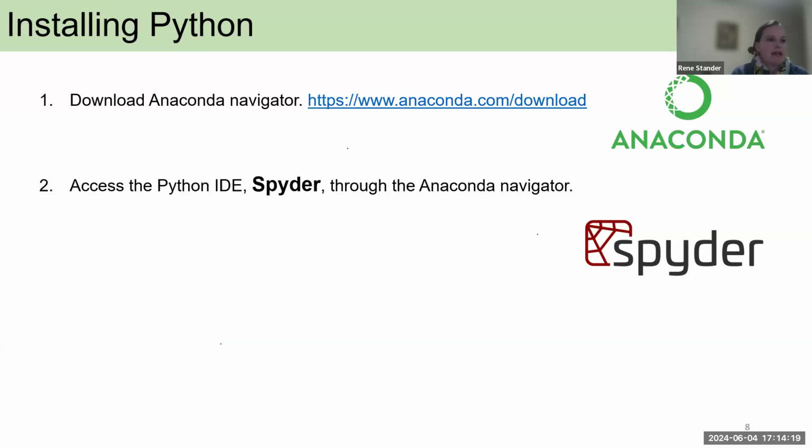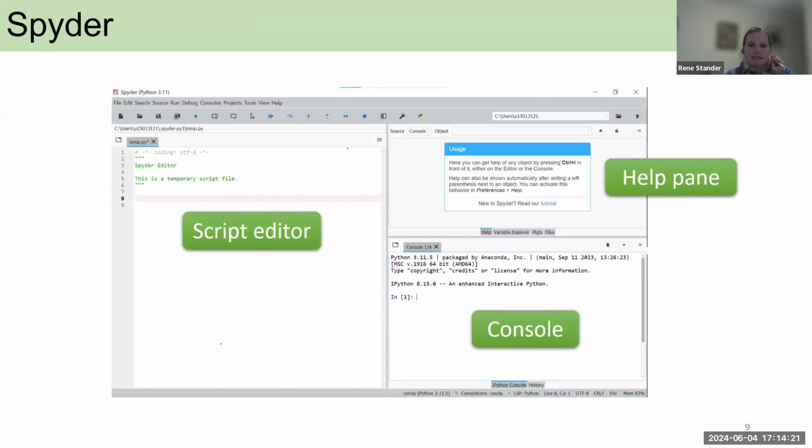Okay. Then Spyder looks like this. On the left-hand side, you'll have a script editor. This is where you can write and edit your Python scripts. On the right-hand side, it's split into two parts. The top part is called the help pane. You'll see different tabs at the bottom: the help, and also the variable explorer, where you'll see all the variables in your environment.